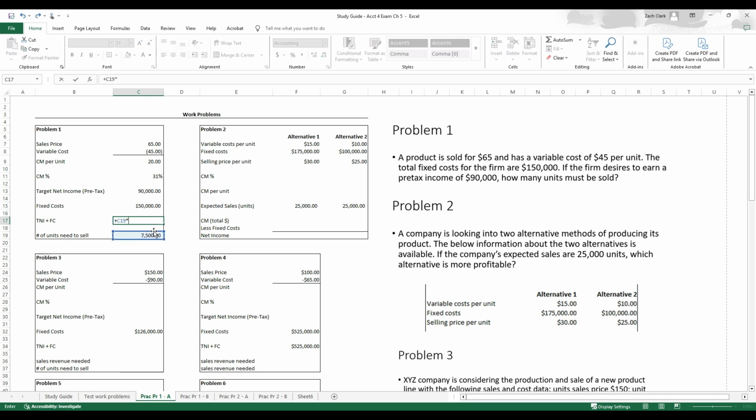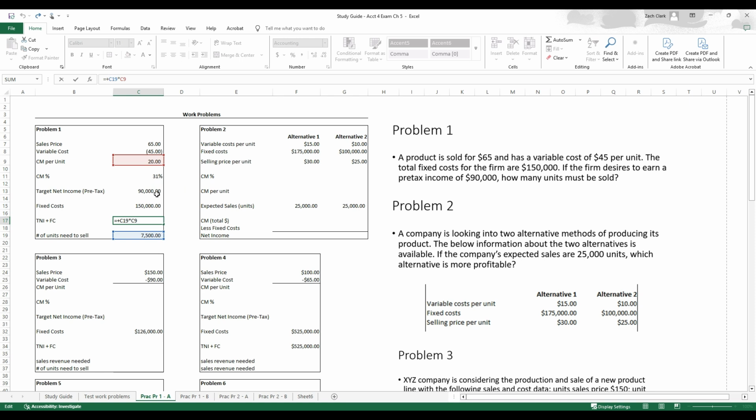We take 7,500 units times the contribution margin, and that should give us 150,000, right? If we sell 7,500 units and each one gives us $20 after accounting for the variable costs, that leaves us with $150,000, which would exactly cover our fixed costs and bring our net income essentially to zero, which is what we want. Otherwise, it would be negative.